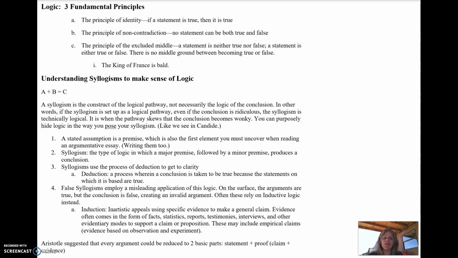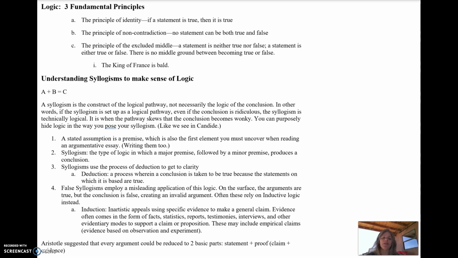False syllogisms tend to employ a misleading application of this logic, and therefore they actually go backwards. So we have one piece that leads to a general conclusion. So on the surface, the arguments are true, but the conclusion is false, creating an invalid argument.